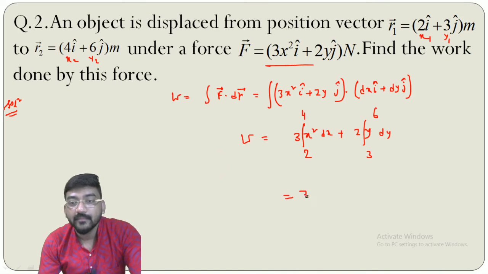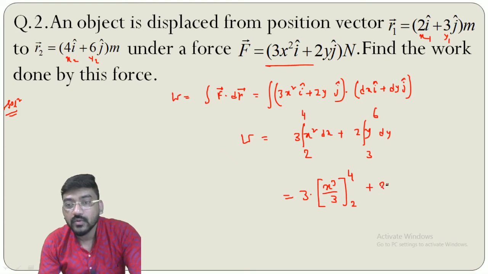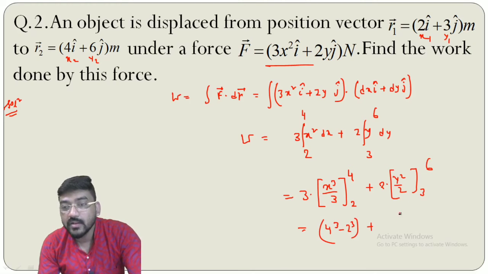So you will get 3 into x cube by 3, and the limit will be 2 to 4, plus 2 into y square by 2, and the limit will be 3 to 6. So this 3 will be cancelled out, and it will be 4 cube minus 2 cube. This 2 will be cancelled out again, and it will be 6 square minus 3 square.